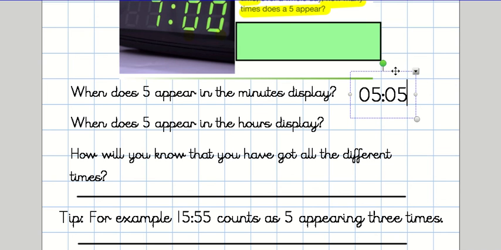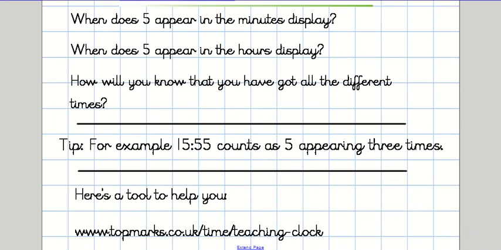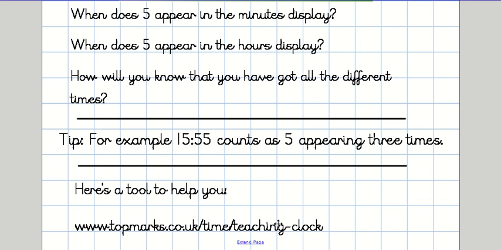Now, you might want to start by thinking about the minutes. How many times 5 appears in the minutes section every hour. You might want to think about how many times 5 appears in the hours section every hour. You might want to use this teaching clock here.